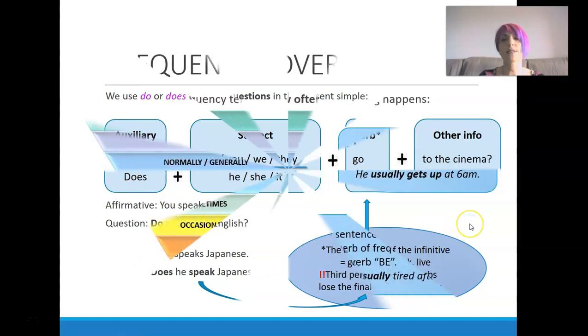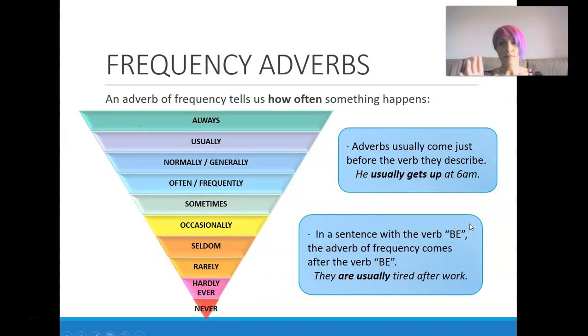Good. Now, this being said, adverbs of frequency play an important role with the present simple because they tell us how often something happens, right? These adverbs usually go before the main verb, right? For example, he usually gets up at 6 a.m., okay?